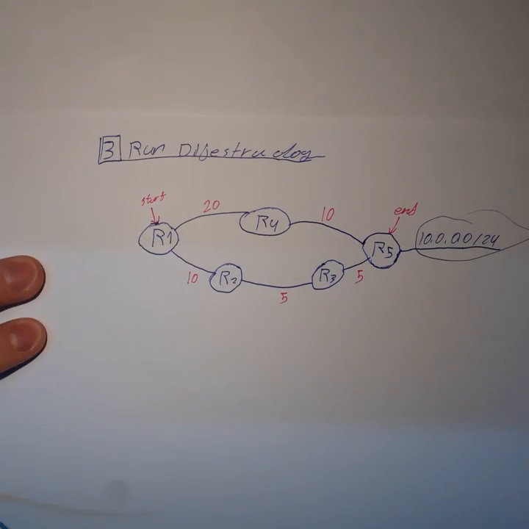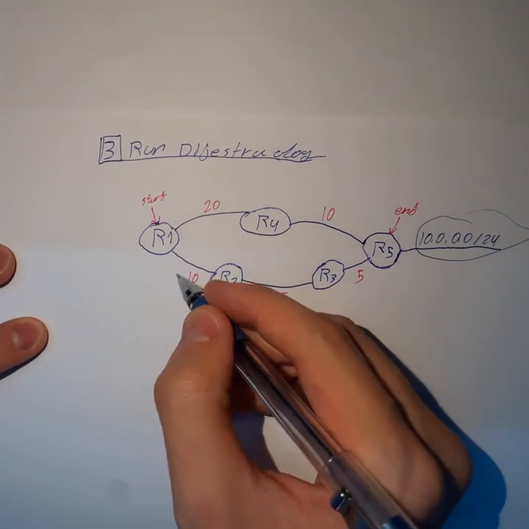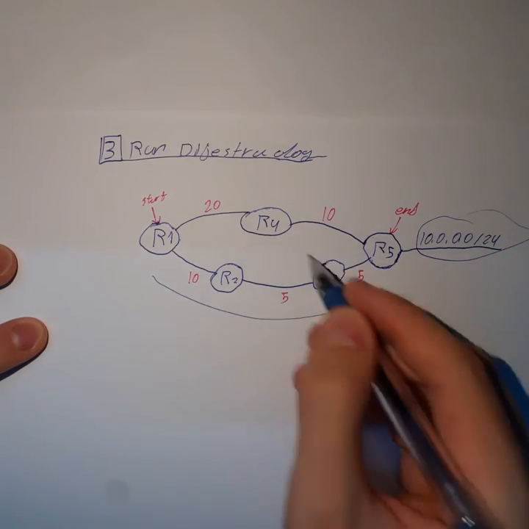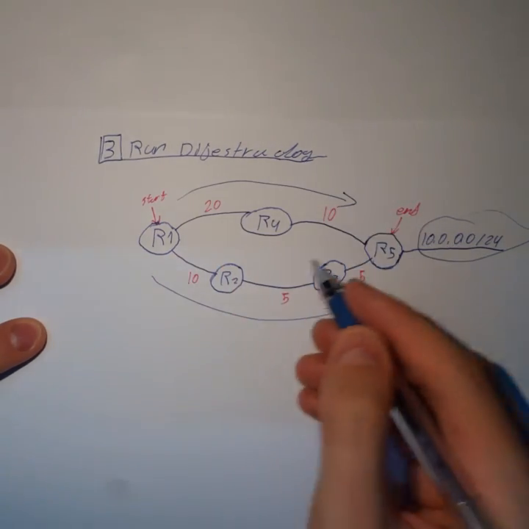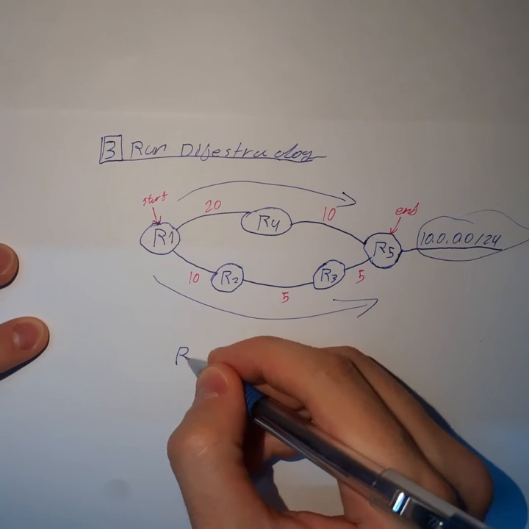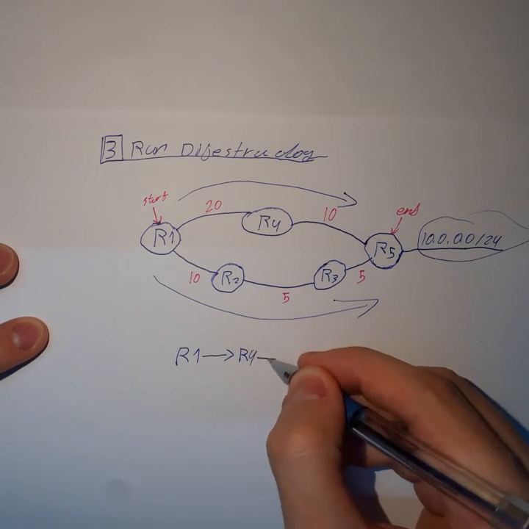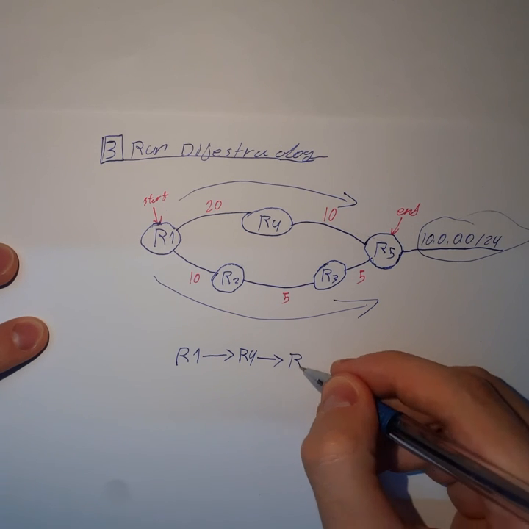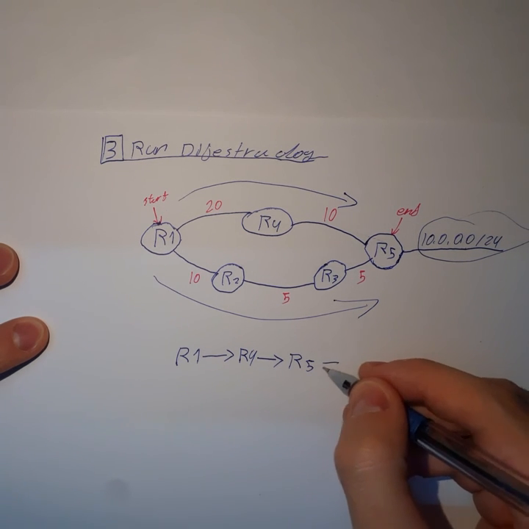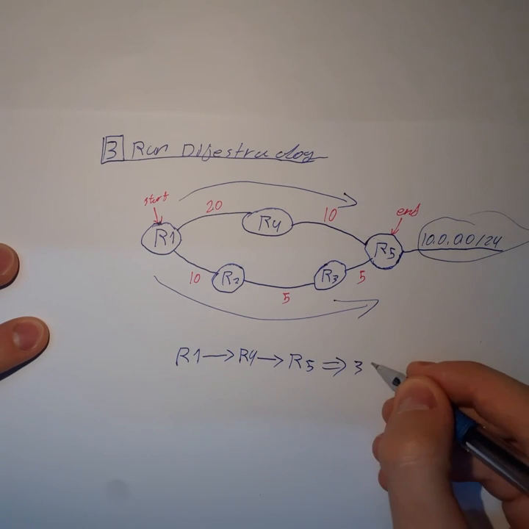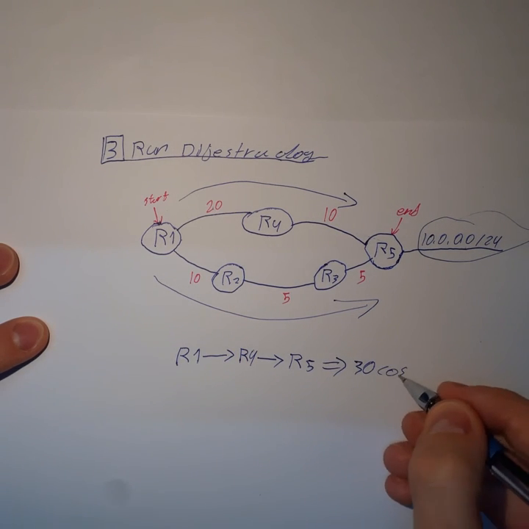So for this example, if it starts from here, it has two paths, this path and this path. The first path is from router 1 to router 4 to router 5, and that will give us 20 plus 10, that's a 30 cost.